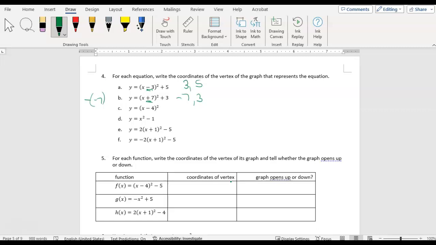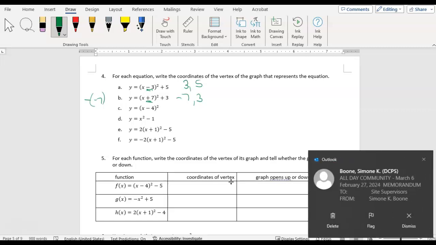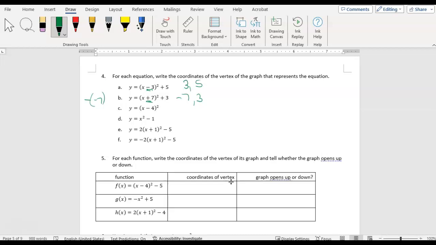Because in order for us to think about this in vertex form, we are looking at it being (x minus 4) squared, and so the vertex here would be the same as the x-intercepts, because the x-intercept would be here (4, 0), and there's only 1, right? So in between that would just be 4, which would give us 0. So (4, 0) is my vertex and my x-intercept here.